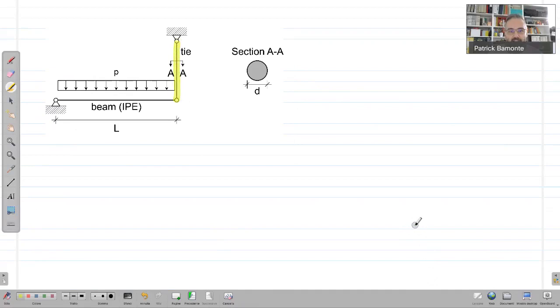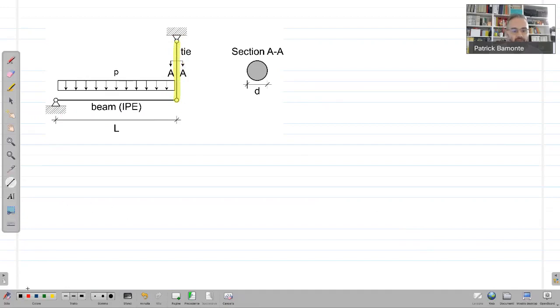So definitely this is a truss, and looking at the geometry of the structure, it is plain to see that the beam is suspended from this member, and therefore we expect to have tension in the tie. So how was this to be solved?